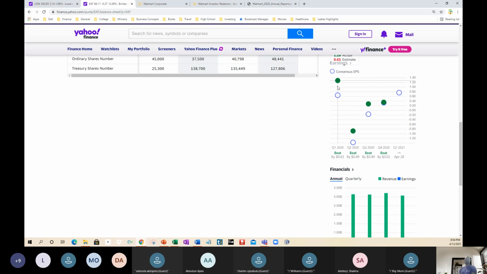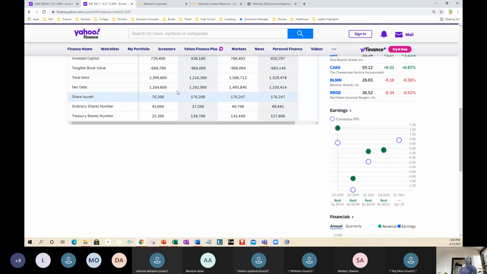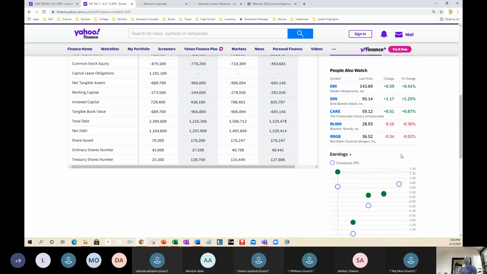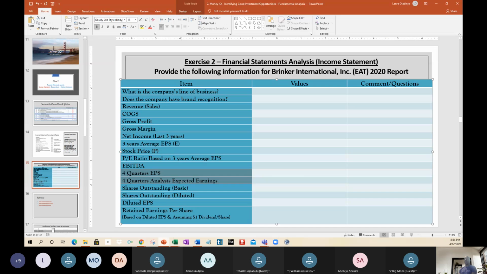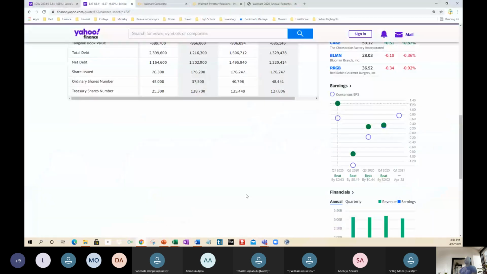So all I'm asking is for you to look at this page. You can also calculate it for yourself, as I've explained, but you can simply look at this page on Yahoo and check their earnings per share for the last 4 quarters. For the purpose of this exercise, that's enough for now. And then the other is, for the last 4 quarters, what was the analyst expected earnings? There's a reason I want you to do that exercise, which I will explain at the beginning of next class.